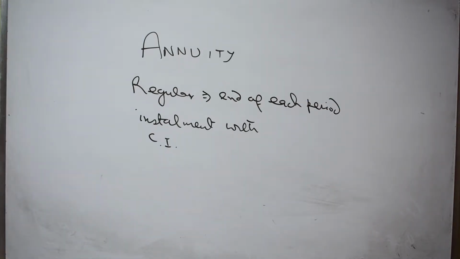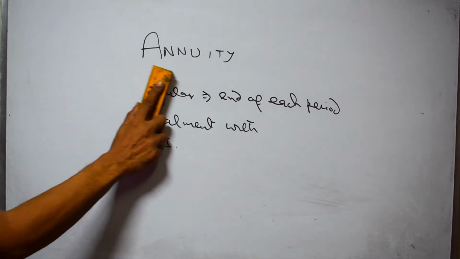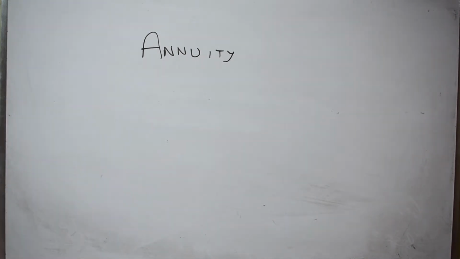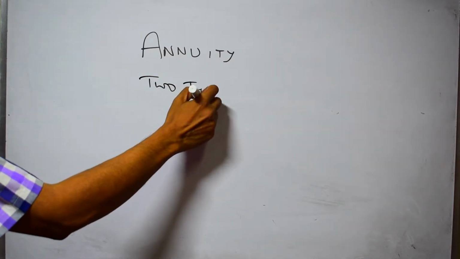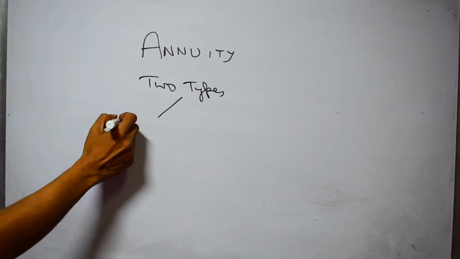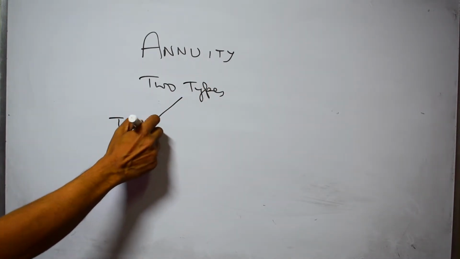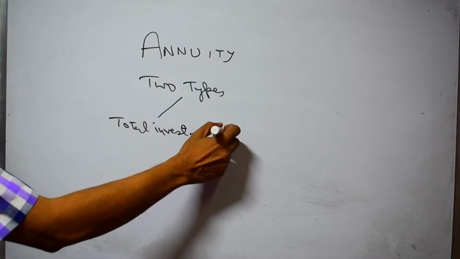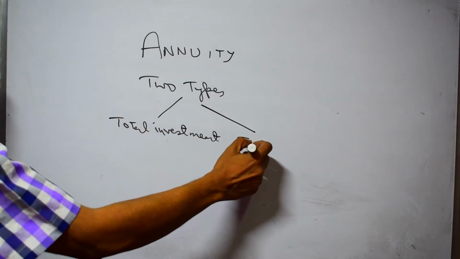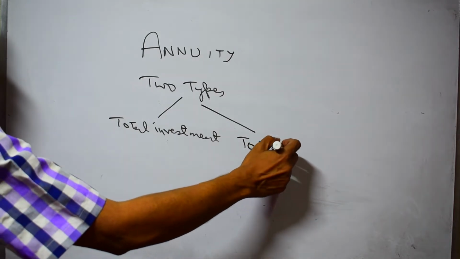Now we have two types of annuity. The first one is to calculate the total investment, and the second one is to calculate the total repayment.